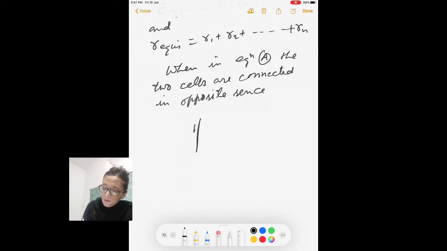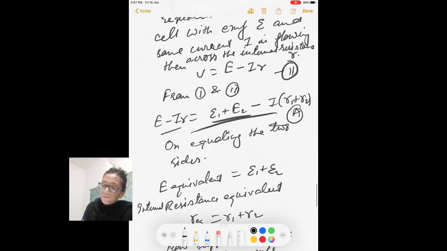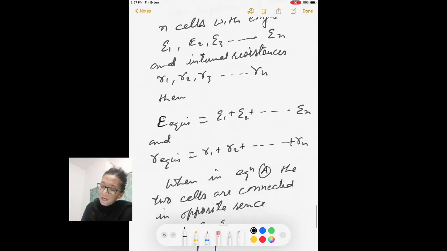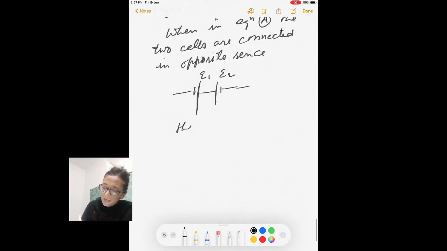In this way, look, the two positive terminals are alongside. Suppose it is E1, it is having EMF E2, then in equation A we will take E2 with a negative sign.